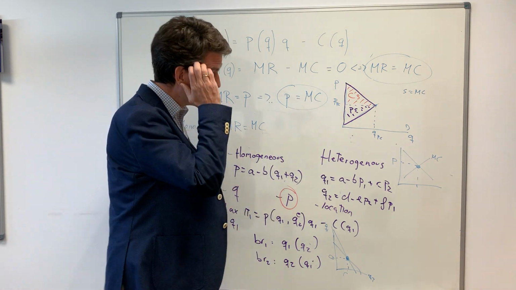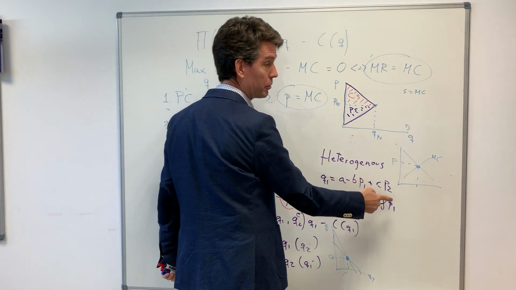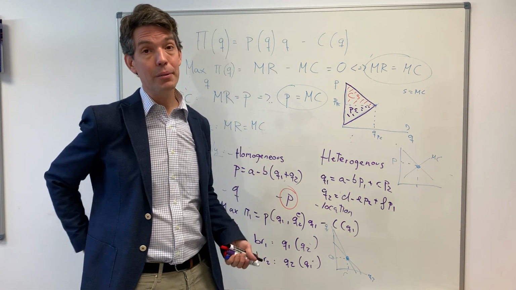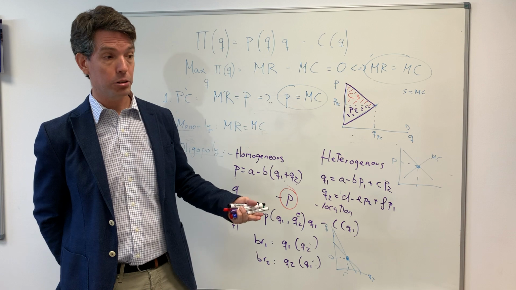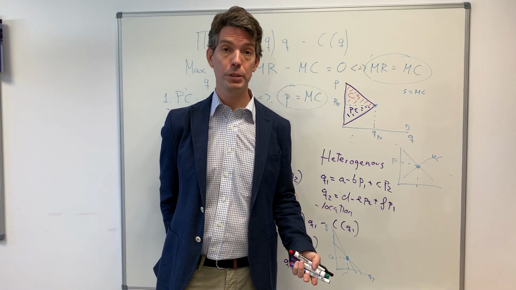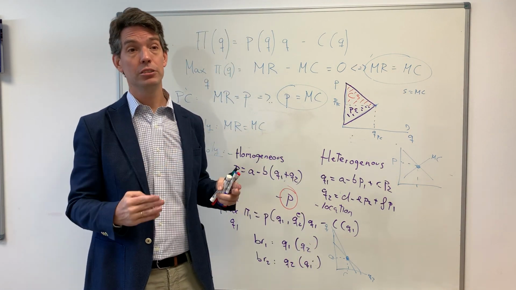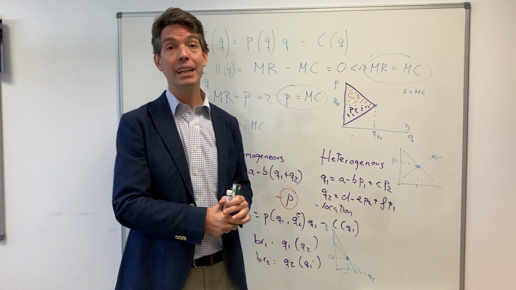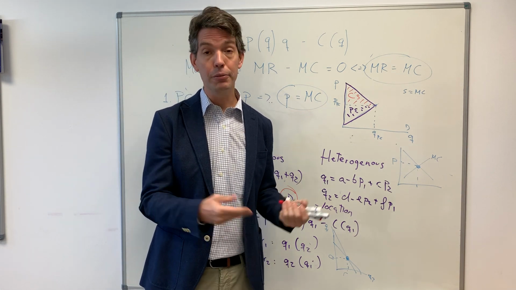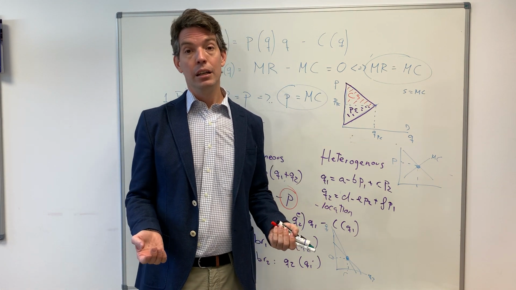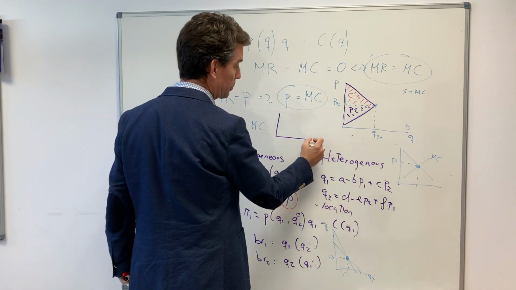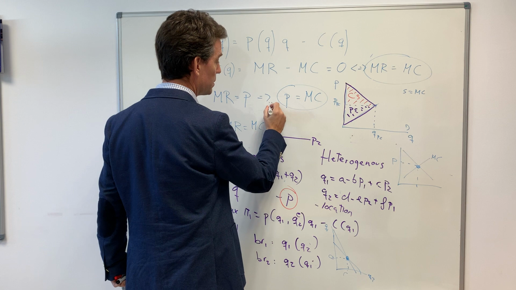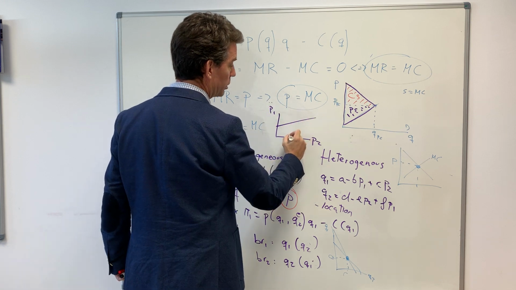All you need to do is write everything as a function of the prices, and then you take the derivative of the profit function with respect to P1 for company 1 and with respect to P2 for company 2. You find the best response function in terms of prices, and then you find that the prices are going to be different for the two companies. Naturally, the best response functions, if this is P2 and this is P1, will look like this.